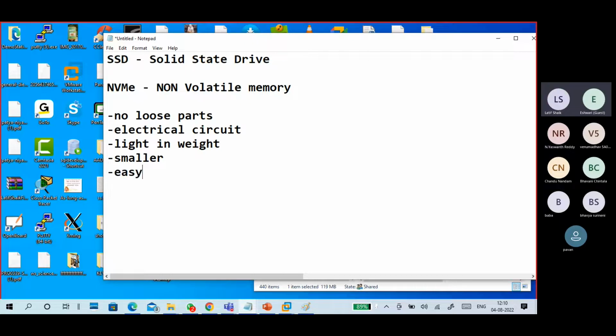So it's easy to carry. You can easily carry your SSDs with you anywhere. Easy to carry, light in weight, smaller size.